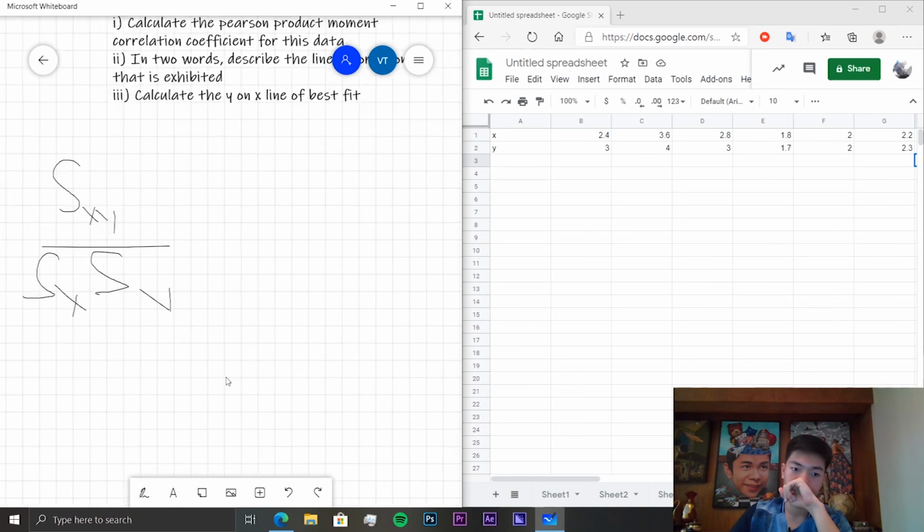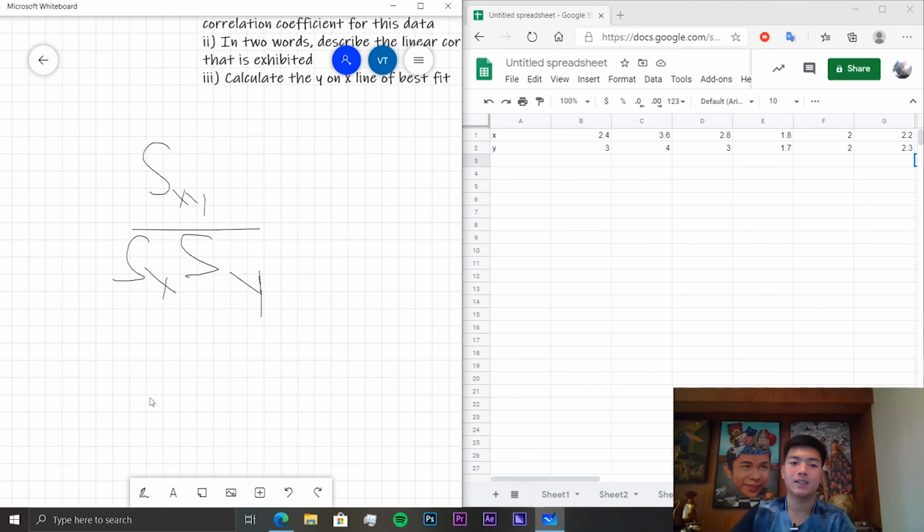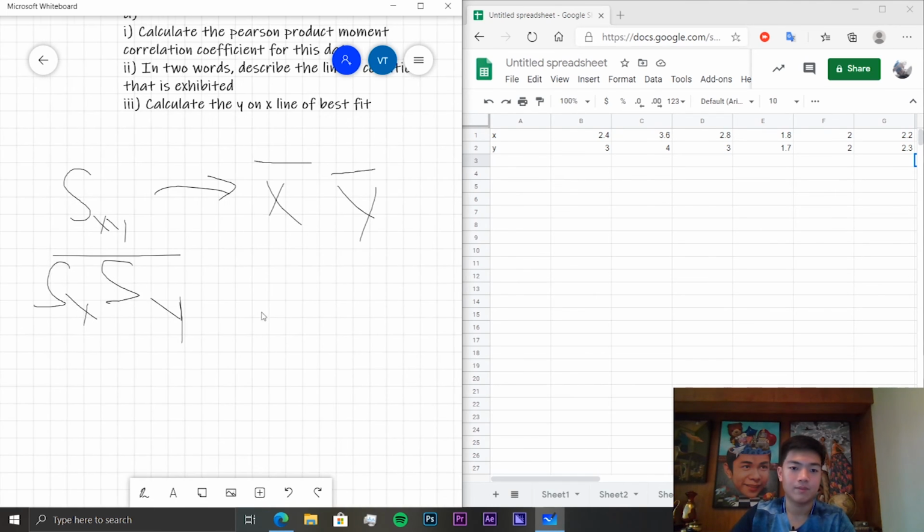So to calculate this, well, yeah, there was an error. What we calculate this as is simply the mean of x times the mean of y.